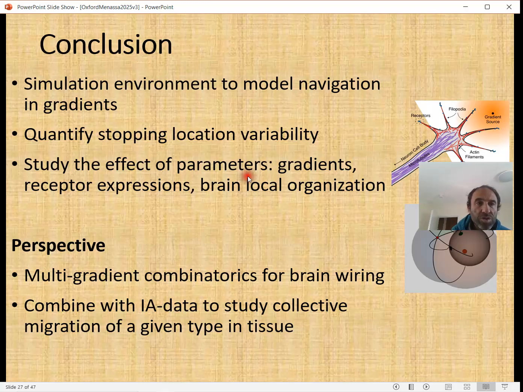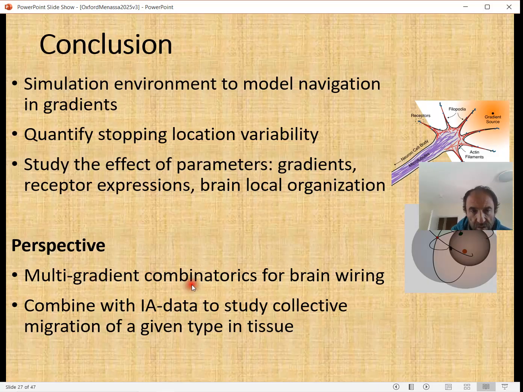So in the conclusion, simulation environments are now possible to generate navigation inside a gradient. It's possible to quantify the stopping location viability. So I haven't discussed this, but this will come in a future presentation, and study the role of parameters such as the gradient, receptor expression, or brain local organization.